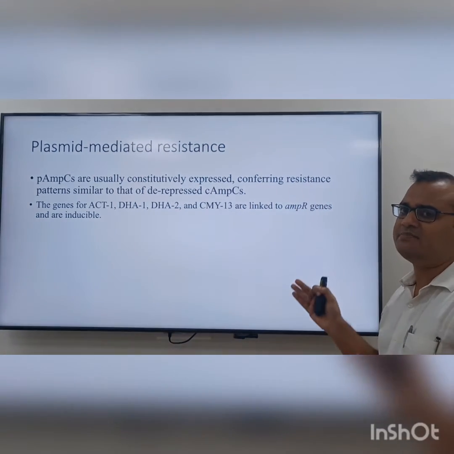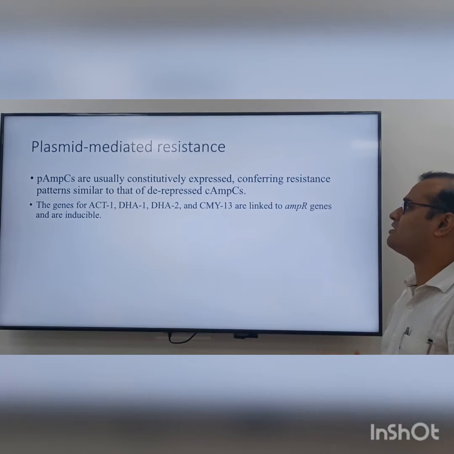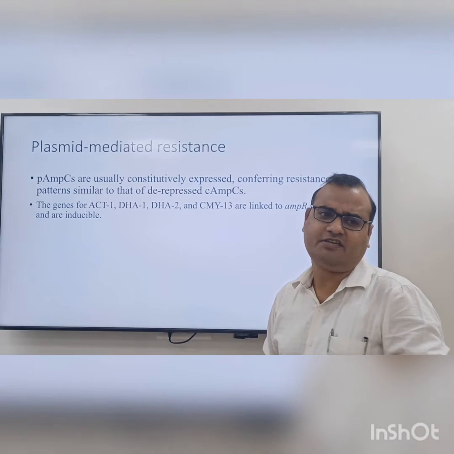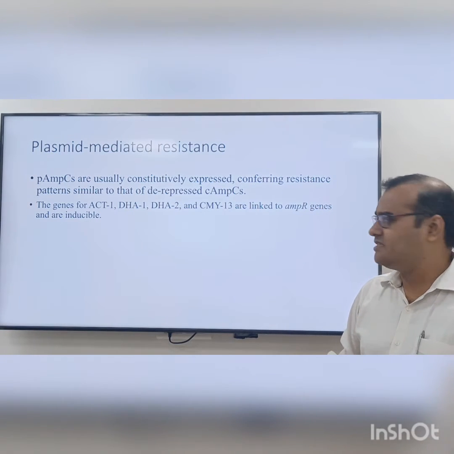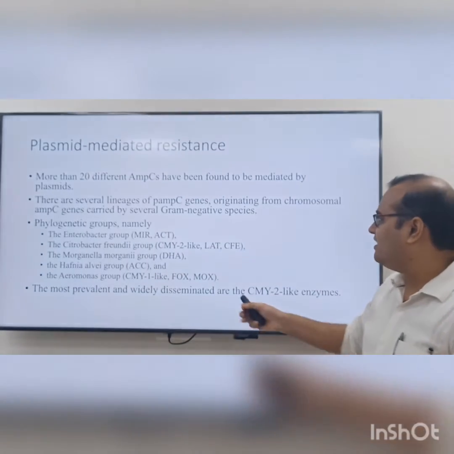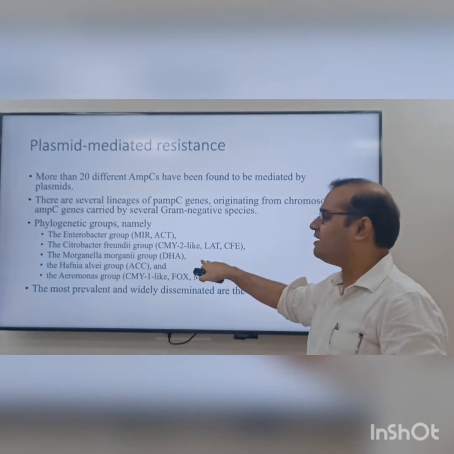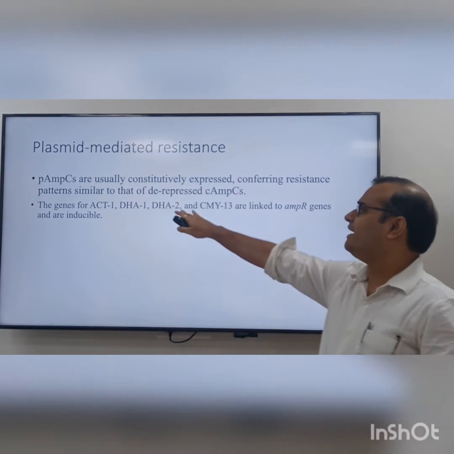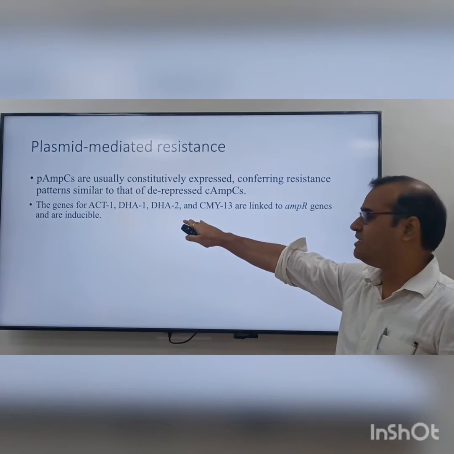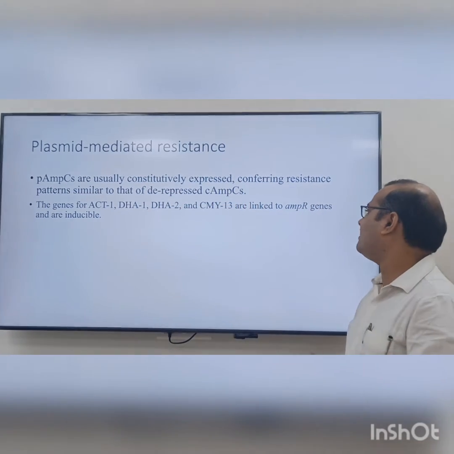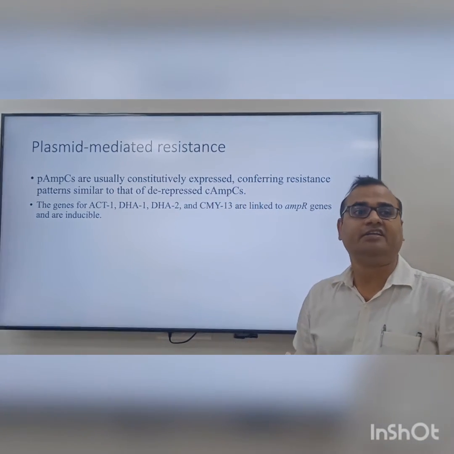Now, plasmid AmpC is usually constitutively expressed, conferring a resistance pattern similar to that of de-repressed chromosomal AmpCs. However, there are various kinds of genes. Here, ACT-1, DHA-1 and 2, and CMY-13 are linked to ampR genes and are inducible.